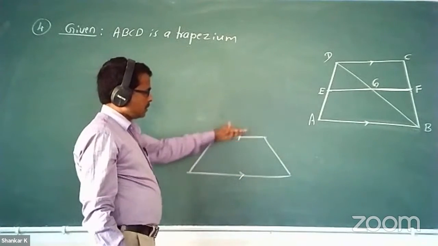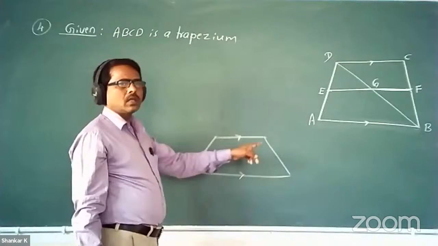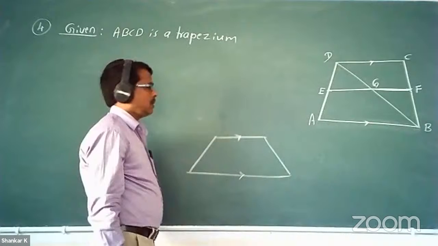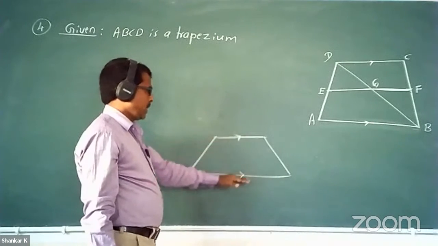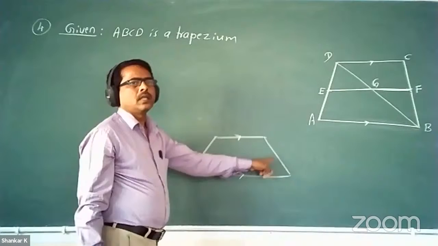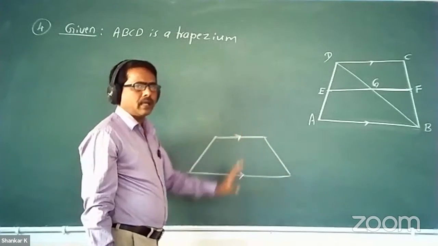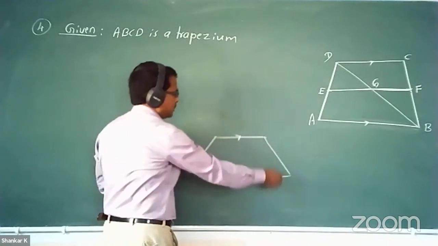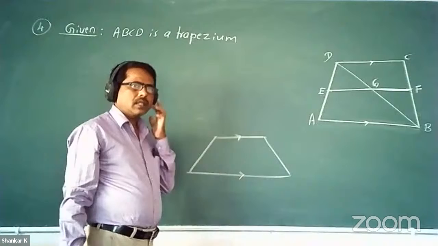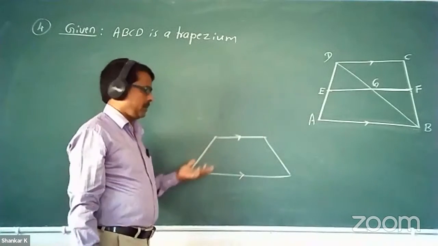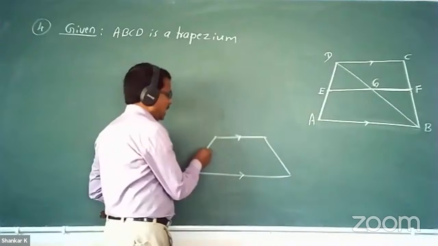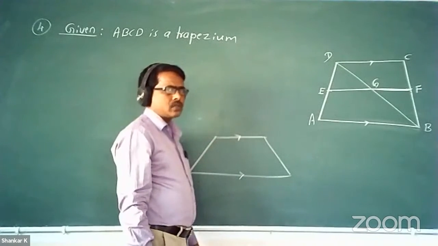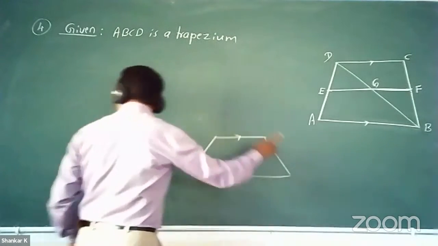Only one pair is parallel, the other pair is not. If the other pair is also parallel, that becomes a parallelogram. The non-parallel sides may or may not be equal in length. If they are equal in length, that kind of trapezium is called an isosceles trapezium.